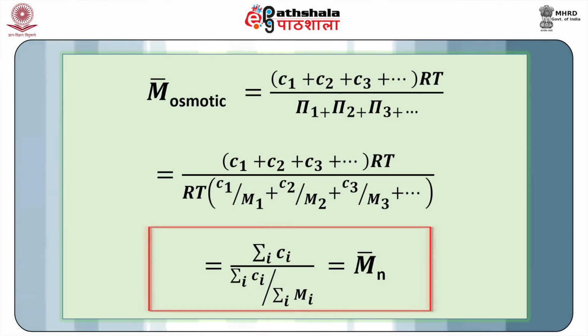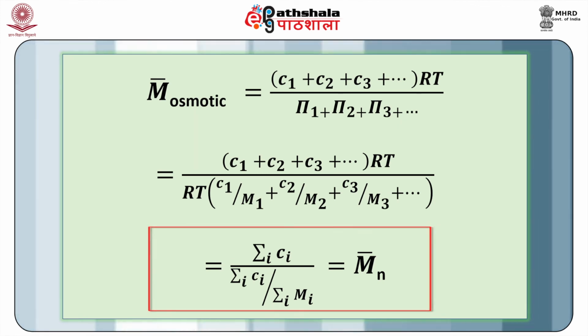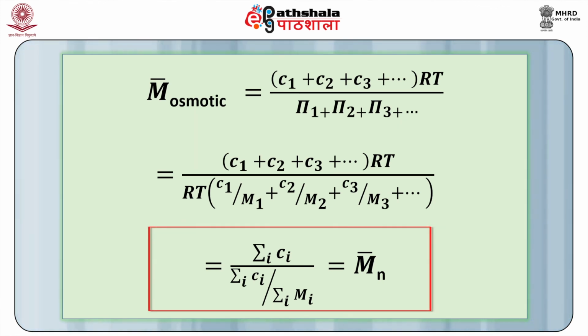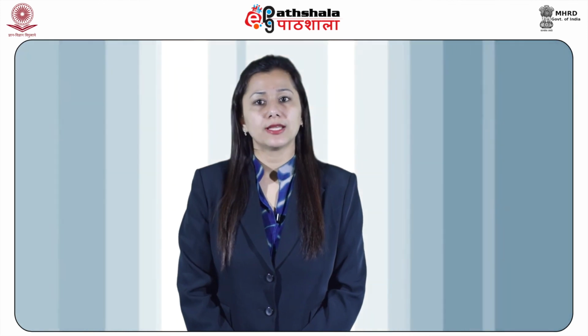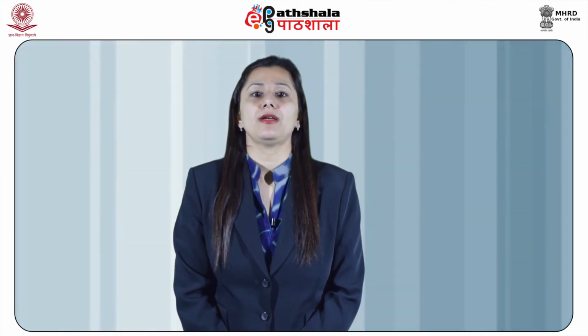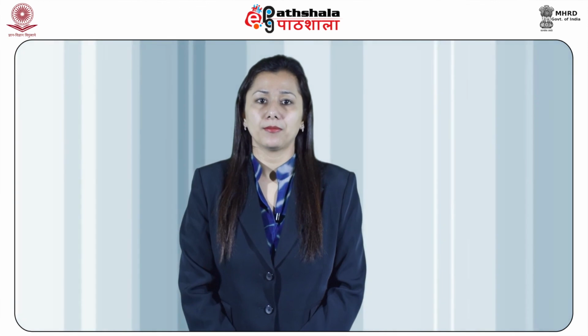Or this is equal to summation Ci divided by summation Ci by Mi, which equals Mn bar. Hence, the expression proves that osmotic pressure yields number average molar mass Mn bar.